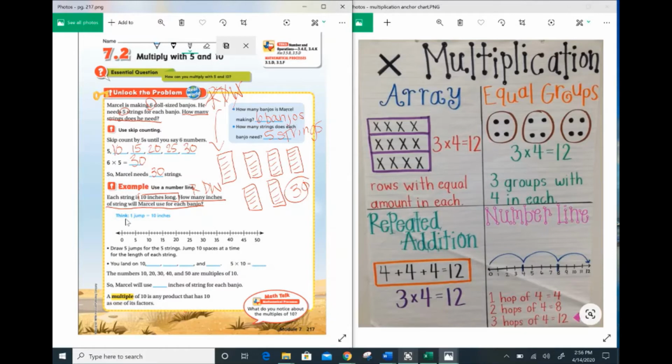Right here it tells me to think: 1 jump equals 10 inches. 1 jump also means 1 string. So 1 string equals 10 inches. And right here we said that he needed 30 strings. That's how many he needs.